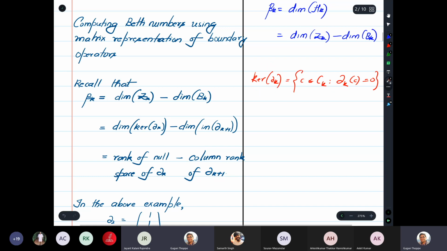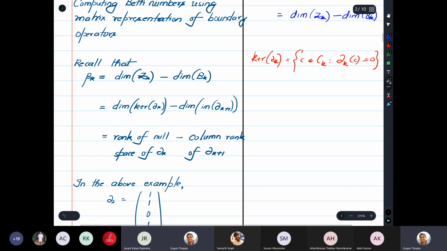Well, this is precisely the null space of daba k, right? And similarly, if you want the dimension of the image of daba k plus 1, this is precisely the column rank of the matrix daba k plus 1. Again, when I write daba k here, this is the matrix, because the null space of a matrix and column rank and all those things are defined in the context of matrices.